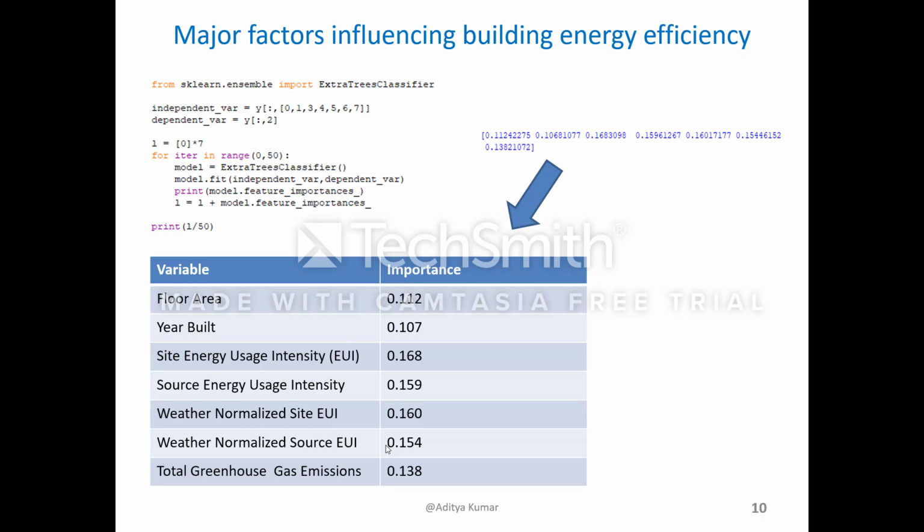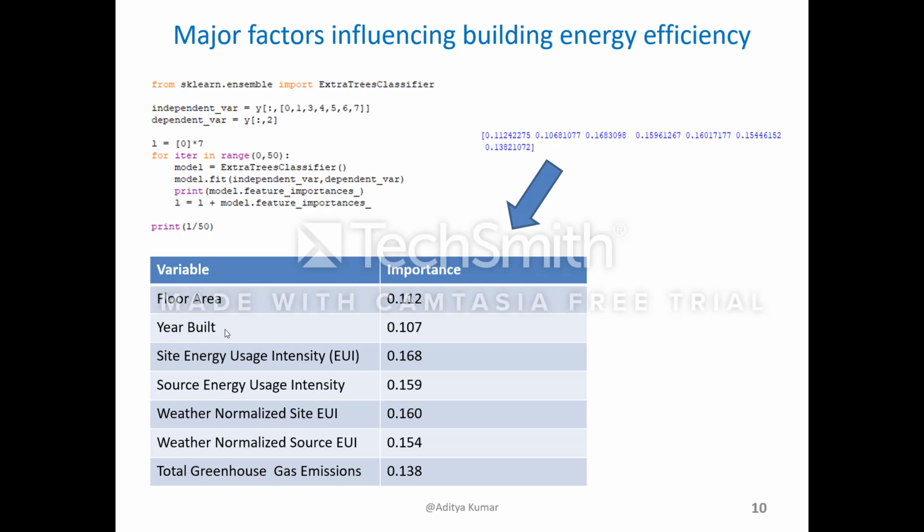So from this we can conclude that site energy usage intensity, source energy usage intensity, and the normalized forms of these two are much more important than the dimensions of the building or the year it was built in, which probably makes sense, because year built would not represent how the building has developed since it was constructed.